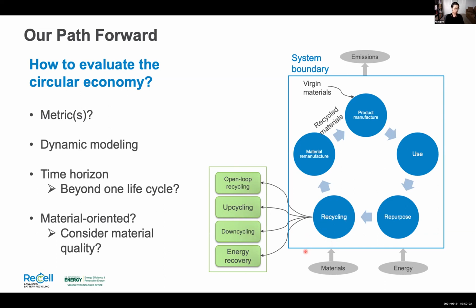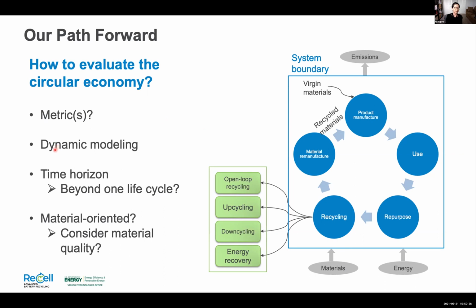If we're trying to capture all the benefits of the rest of the stages of the circular economy, especially the benefits of upcycling, downcycling, and energy recovery, we may need to think about metrics that can better summarize the benefits of the circular economy.